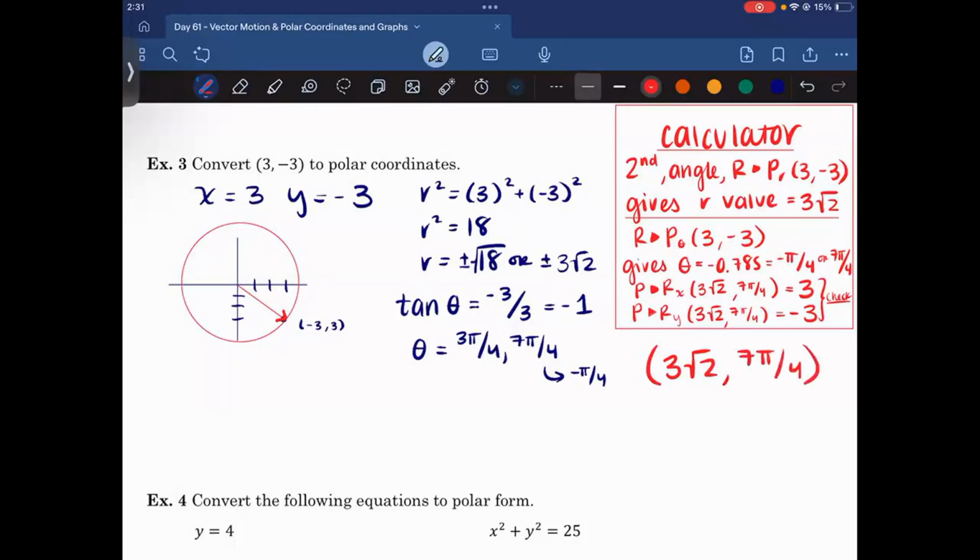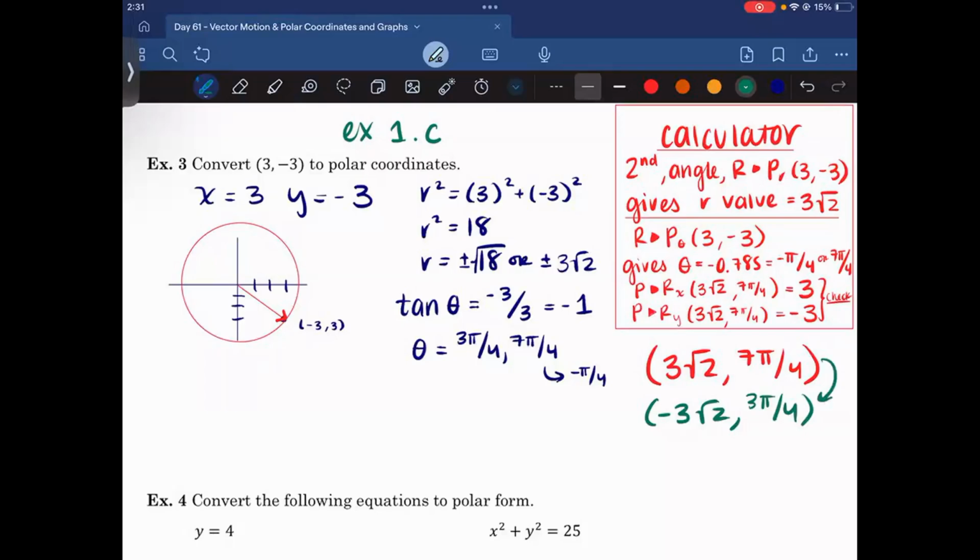And you might be thinking, wait, it could also be negative 3 square root of 2 and 3 pi over 4. Well, if we remember back to our example from example 1.c, when we have a negative r and we're going 3 pi over 4, these are actually the same thing.